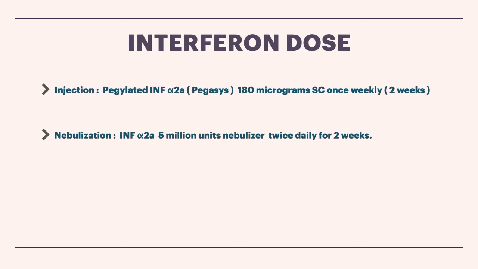The first dosage recommendation is a subcutaneous injection of pegylated interferon alpha 2A, 100 micrograms subcutaneously once weekly for 2 weeks. The second interferon dosage recommendation from China is nebulization, using interferon alpha 2A, the non-pegylated form, 5 million units as a nebulizer twice a day for 2 weeks.